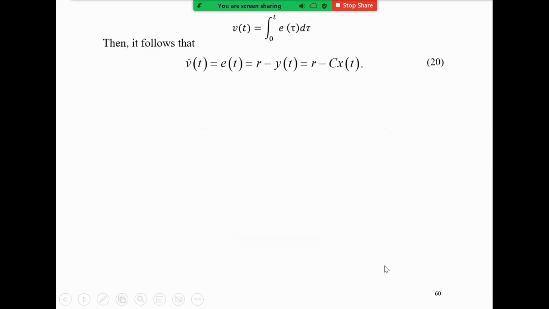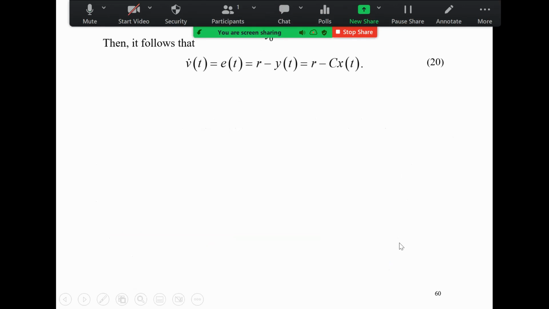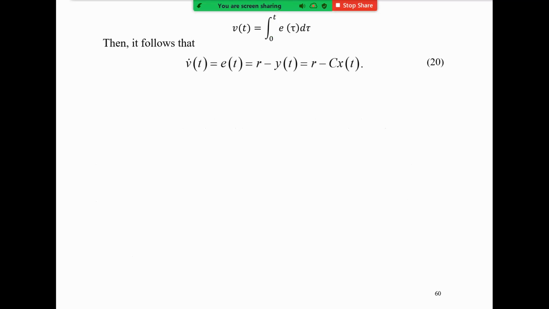Okay. And we know that for the single input case we need to use an integrator. Here, we also need to use an integrator, but there are multiple outputs, so therefore we define multiple integrators. Remember the error signal is a vector, right? So therefore, the integration of all the vectors is of course also a vector. V is a vector.